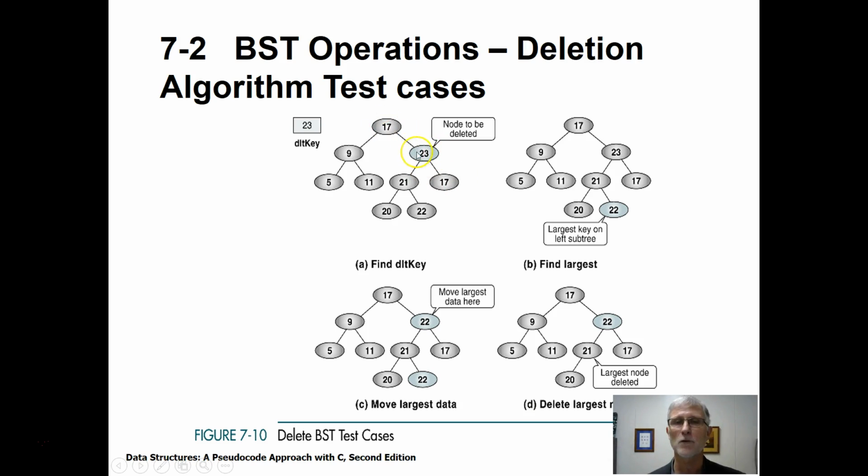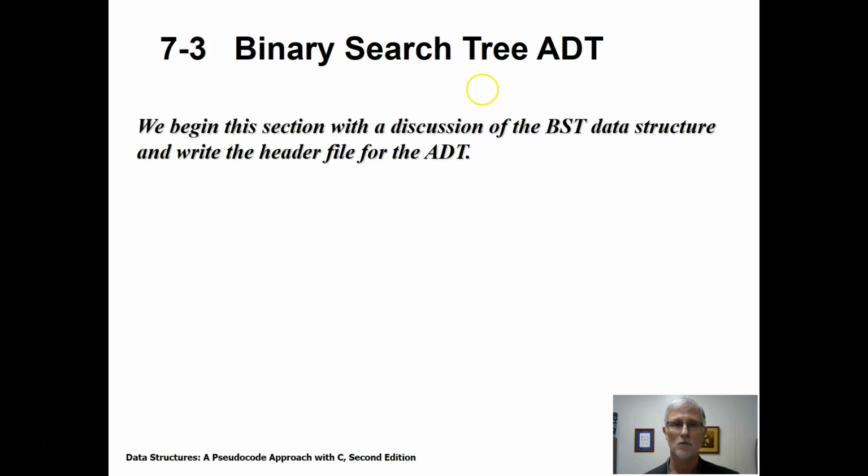I'm looking for the node to get deleted. I'm going to find the largest in the left subtree and copy it to the node I want to delete. So basically what did that do? That really eliminated 23 from our tree, but it gave me a duplicate copy. So here I've got duplicates of 22, and now I just have to get rid of that node. And you could have reversed this and said, I want to find the smallest value, but this way it works.